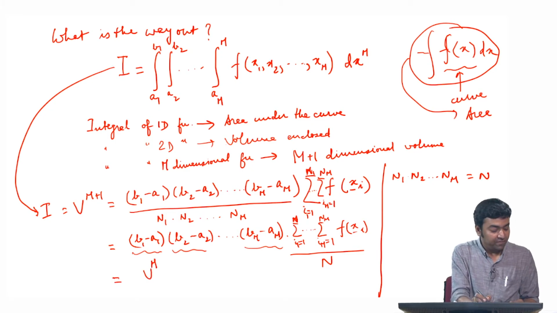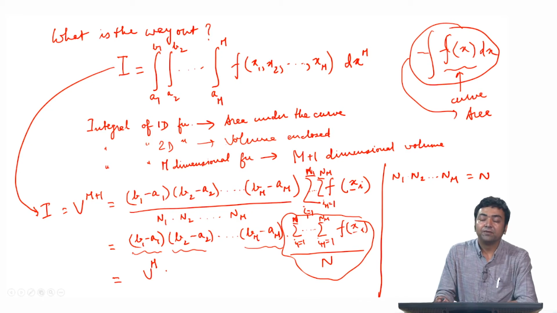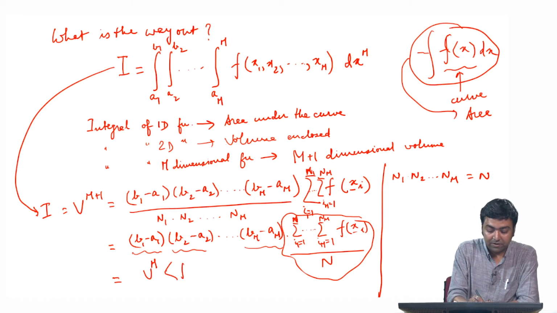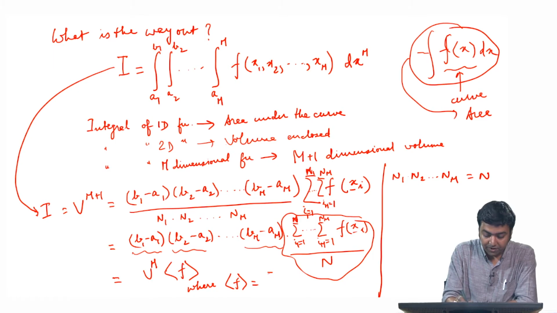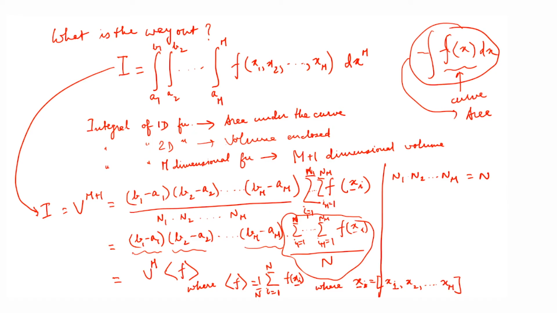So, this I write as V_m. And this other term is nothing but the average value of the function, which I write as f-bar, where f-bar is now a single summation of f(x_i) into 1 by N, where x is a vector consisting of i components, x1, x2, all the way to xm.